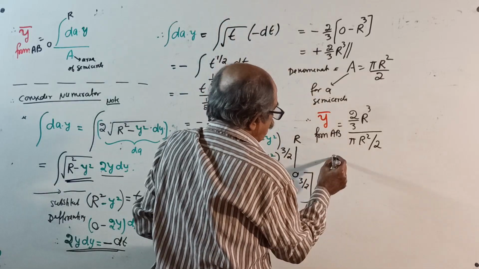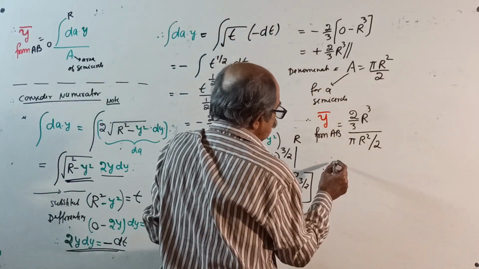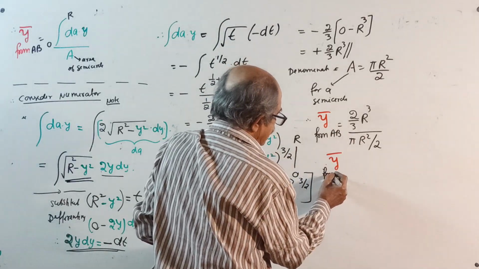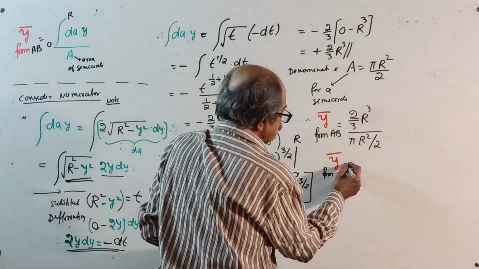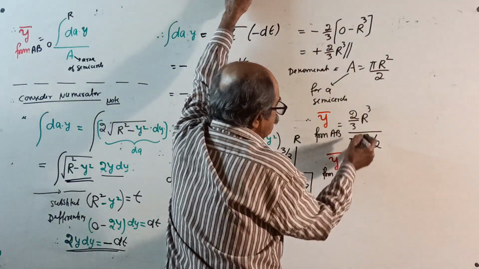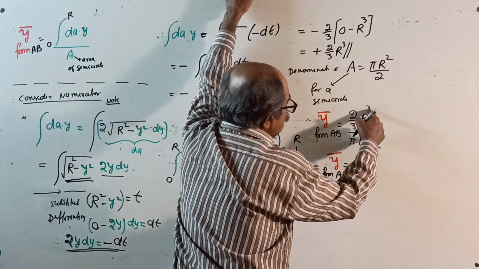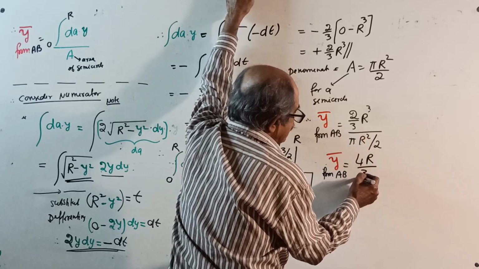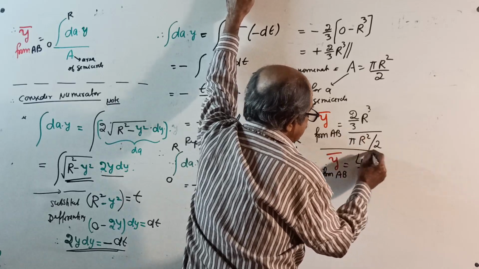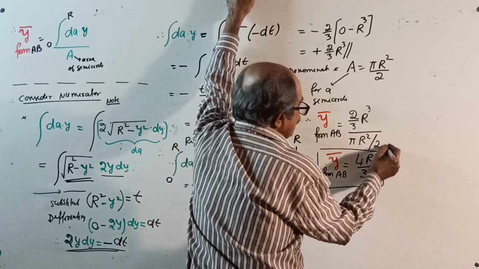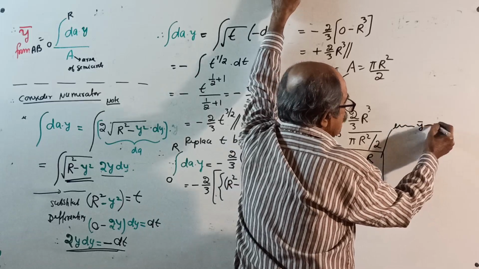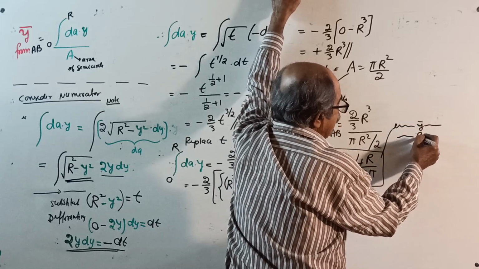Therefore, y bar from AB is equal to 2 into 2 is 4, 4 r cube by r square is r, divided by 3 pi. This is the expression right here. You write here, expression for y bar, distance of centroid in terms of radius r.